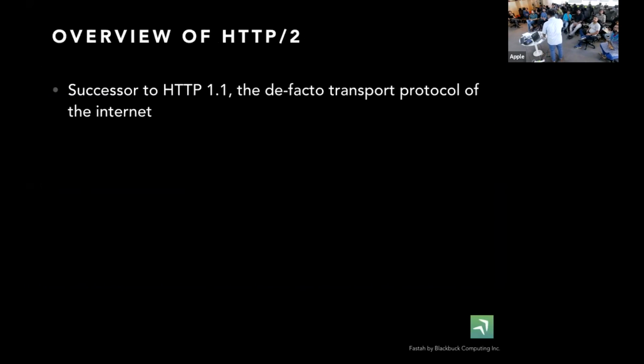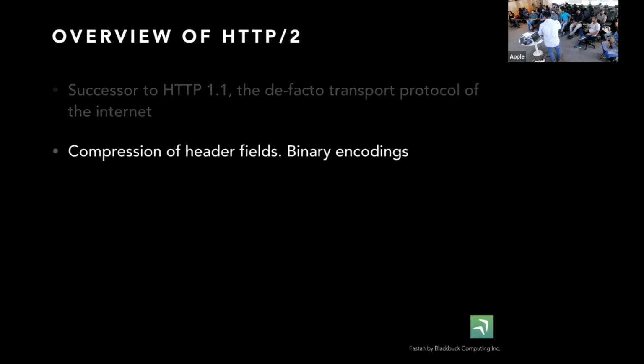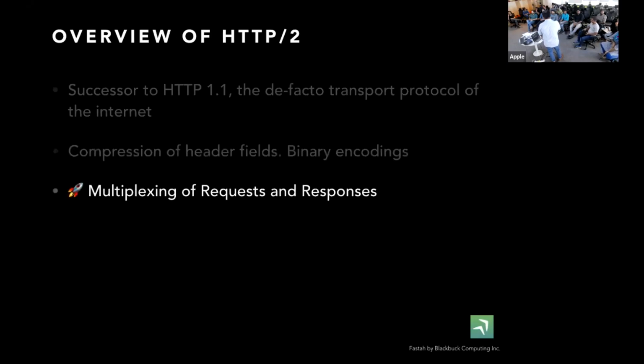It's not terribly important to the talk, but the overview of HTTP2 is what I want to start with. So as you may know already, it's the successor to 1.1, which has been the plumbing of the internet for the past 20 years or more. And some of the things it achieves are compression of header fields, multiplexing of requests and responses. I'll go into all of these things in depth in a minute.